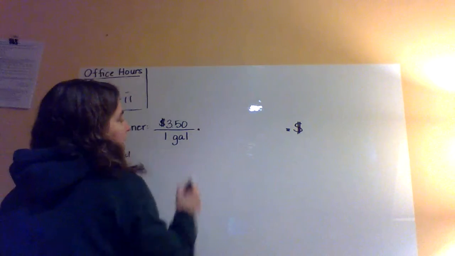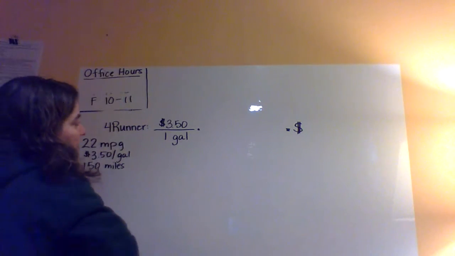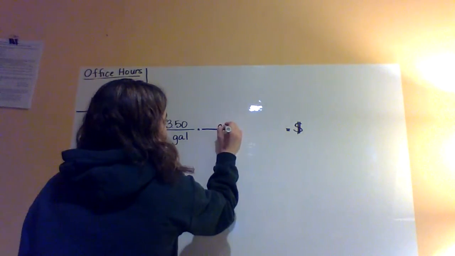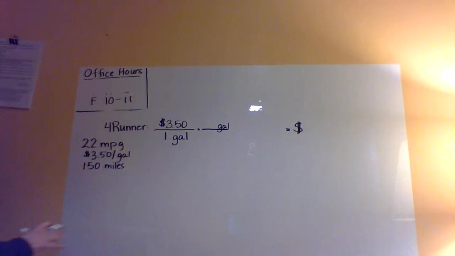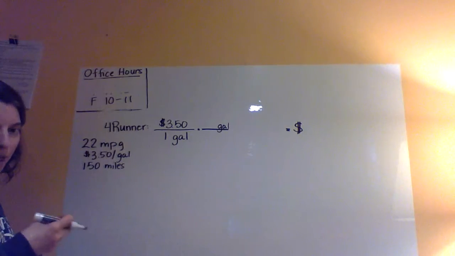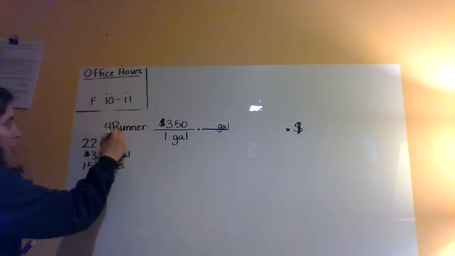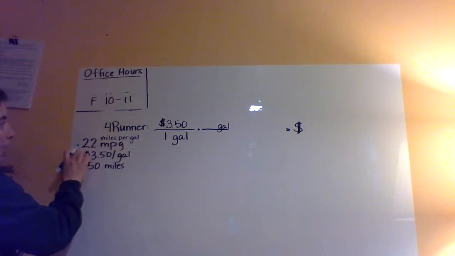Now we don't want gallons in our answer, we just want dollars. So we want something in the next conversion factor that's going to have gallons in the top. If we look at the information we're given, the way I have it written here, it might not jump right out at you, but this means miles per gallon. Or in other words, we get 22 miles for every 1 gallon of gas.